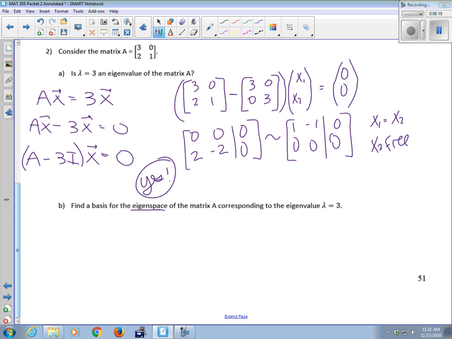But there's only 0 on the other side, so it could never be 0 equals a number.